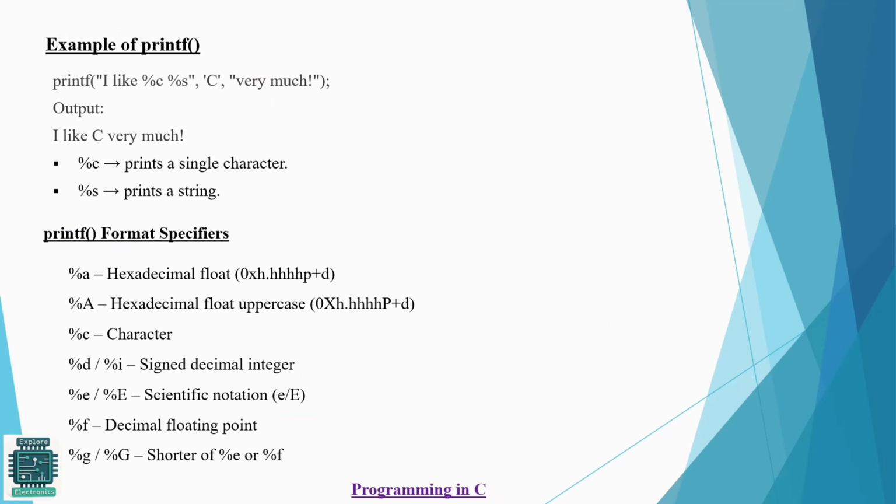Next, here is an example of a printf statement: printf("I like %c%s", 'C', " very much"). As I will be telling, %c prints a single character, and a character is represented using single quotes.